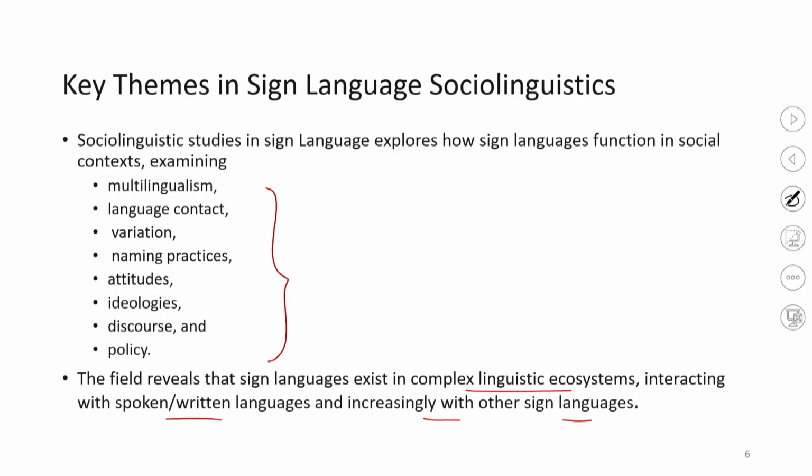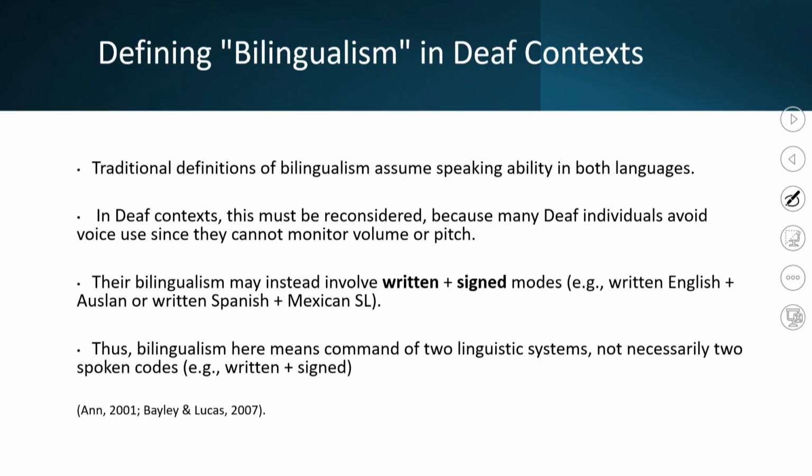This is one interesting factor with respect to sign language research. When we talk about multilingualism among the signers, that is within the sign language community, we are not only talking about bilingualism of 2 different sign languages, but also signed and spoken language. So, that is also multimodal bilingualism. So, two kinds of language using two different modalities, that also is there. So, different kinds of ecosystems exist when we talk about sign language.